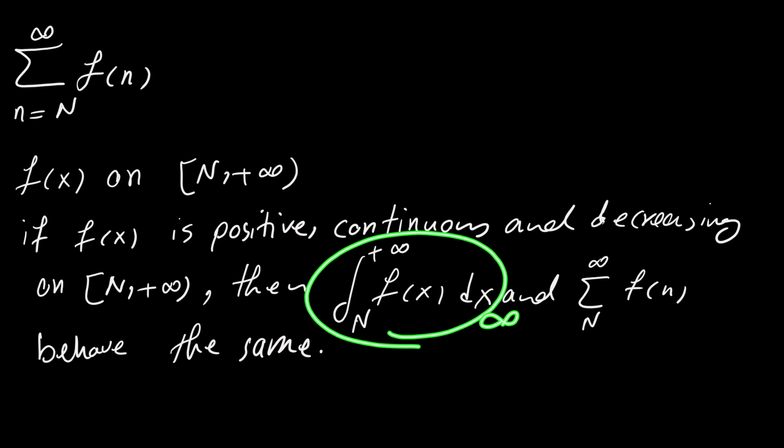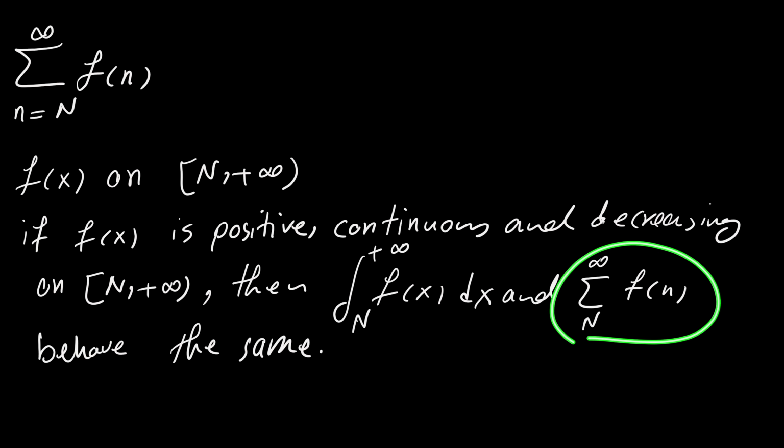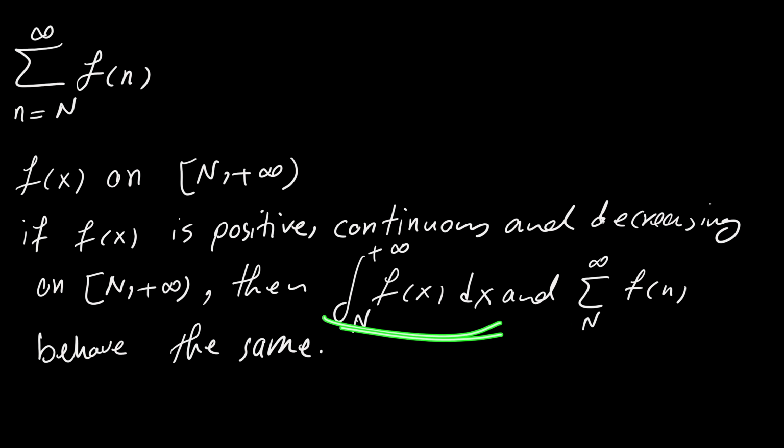If the answer is infinity, then definitely sigma f of n from N to positive infinity diverges, and if the integral converges, then the series converges as well. So let's work on one problem and see how we can use the integral test to test convergence or divergence for a series.